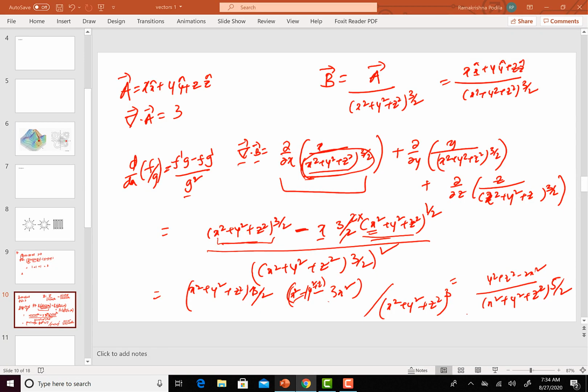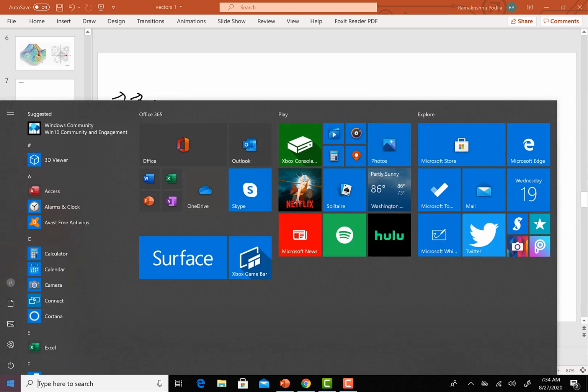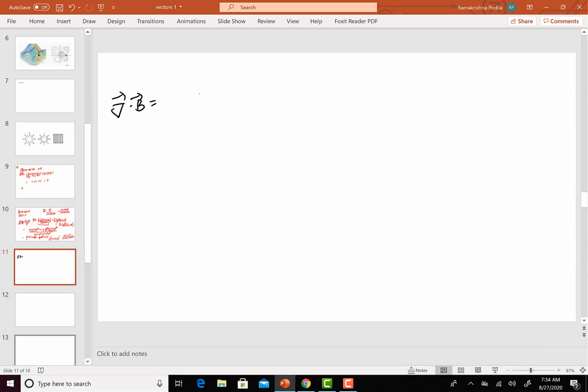This was just a quick check because my differentiation has been rusty for a few days. So we get this, right? So then I can write it on the next page, right? So then I would get gradient of b vector, that's what we are doing, to be minus 2x squared plus y squared plus z squared divided by x squared plus y squared plus z squared whole to the power 5 by 2.